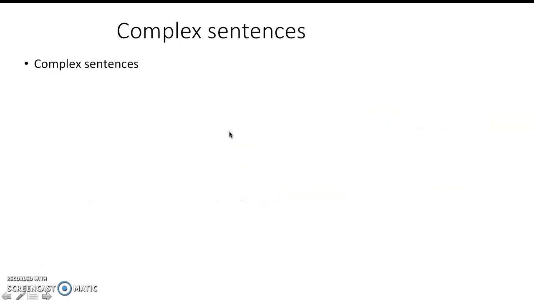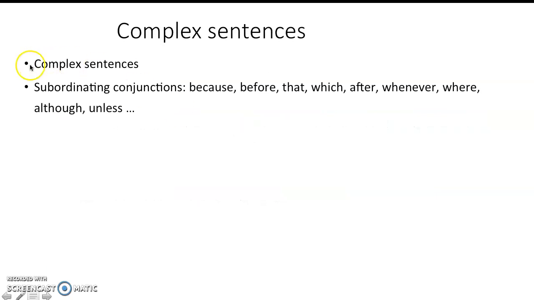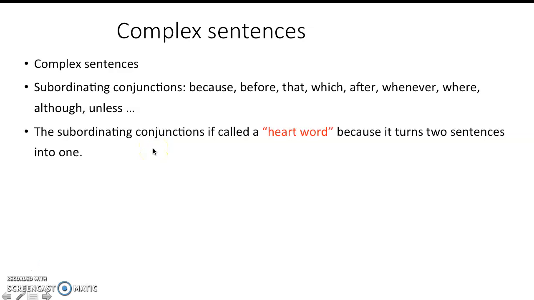What is it that you have to do? You have to add what are called subordinating conjunctions: because, before, that, which, after, whenever, where, although, unless, until, whatever. There's a bunch of them. Okay, the subordinating conjunctions are called, sorry, there's a mistake, are called hard words, because they turn two sentences into one.